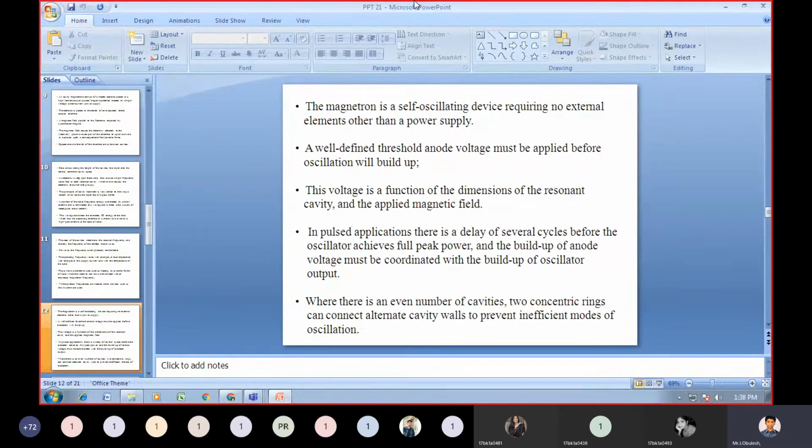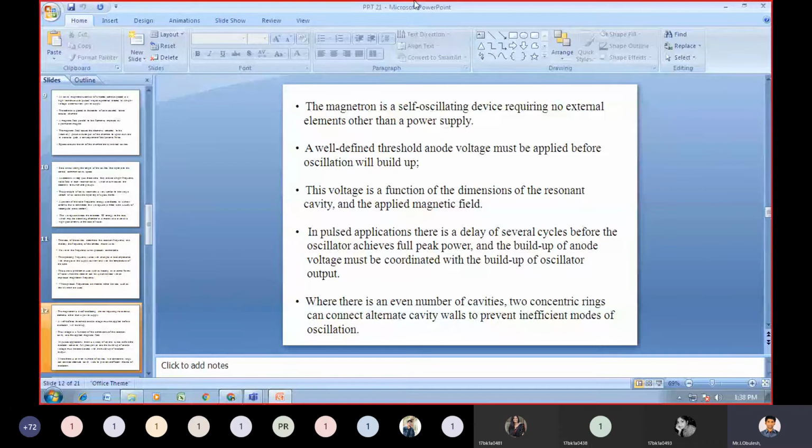A well-defined threshold anode voltage must be applied before oscillations will build up.